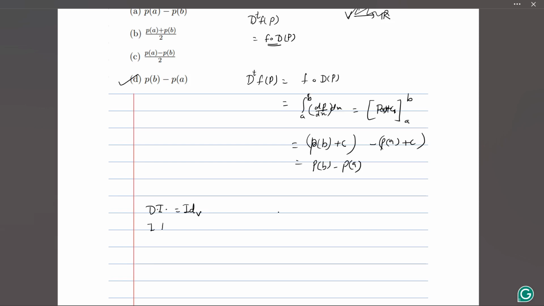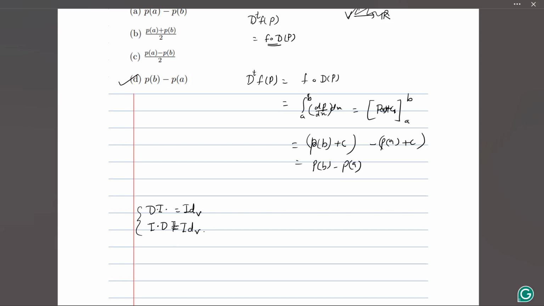If you differentiate first and then integrate, you will get, okay, if not, it is non-zero. It depends on the constant term. If the constant term is changed by an unknown constant c, which we don't know, this is not equal to identity.